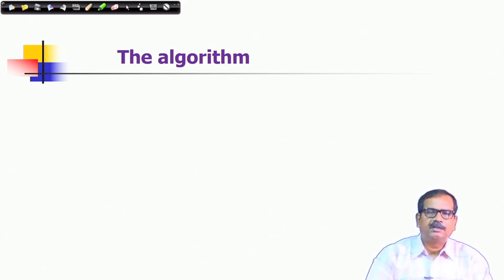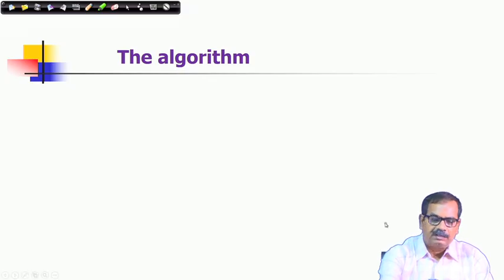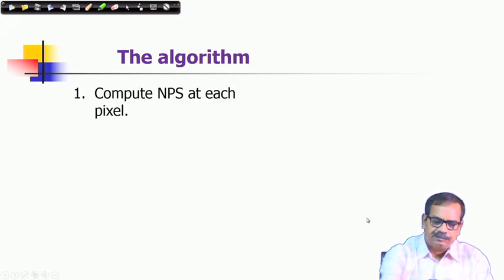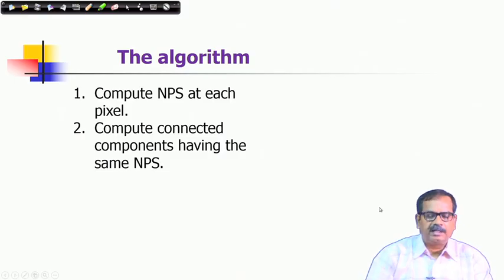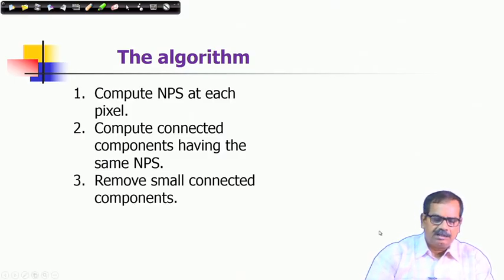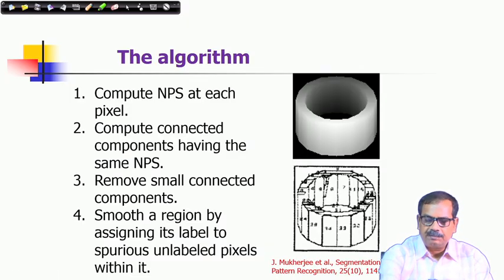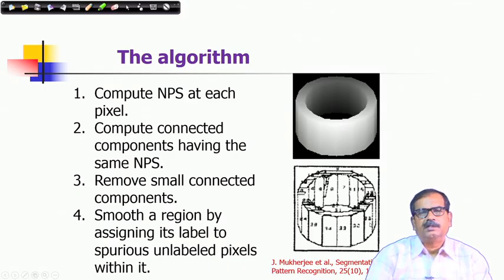The algorithm goes like this: you compute the neighborhood plane set at each pixel, then compute connected components having the same neighborhood plane set and remove small connected components from them, then smooth a region by assigning its label to spurious unlabeled pixels within it. One example of range image segmentation has been shown here.